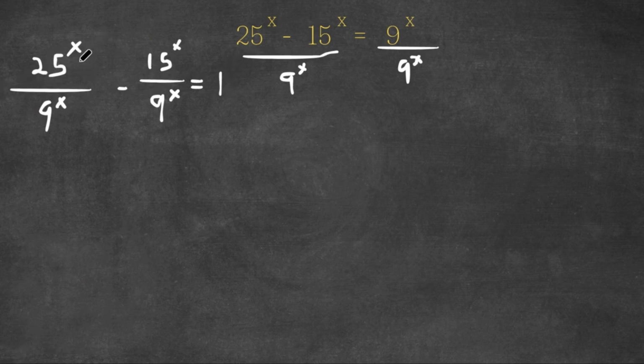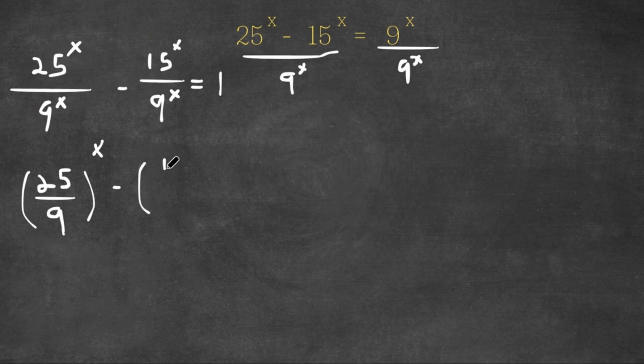Now, 25 to the power of x over 9 to the power of x, this is the same thing as 25 over 9 to the power of x. And same thing with 15 over 9. This is the same thing as 15 over 9 to the power of x. So now this is equal to 1.